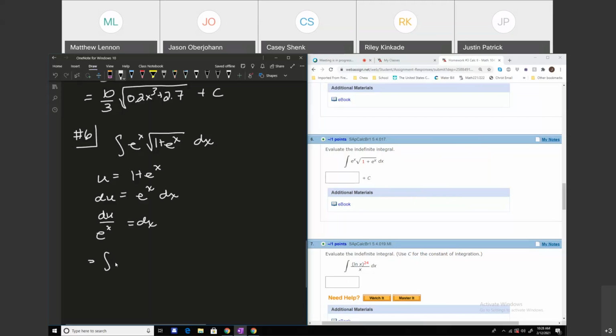So we have the integral of e to the x times the square root of u times du over e to the x. So the e to the x's drop out, and then this is a pretty simple antiderivative. 2/3 u to the 3 over 2 plus a constant, which should be 2/3 times 1 plus e to the x to the 3 over 2 plus our constant. So that's it for number 6.